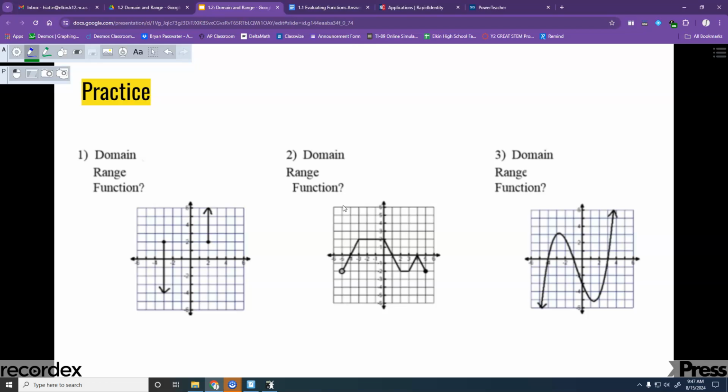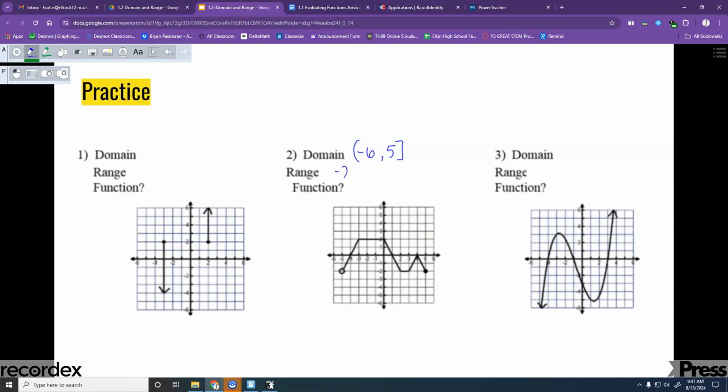If I'm looking at that domain, -6 is the first place that I hit. I keep going over until I get to 5. Alright, and then I have the bracket over here on this side. What about the range? What do you guys think for the range for that? What's the lowest Y we're going to have?